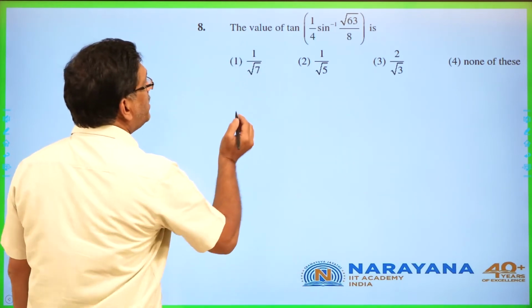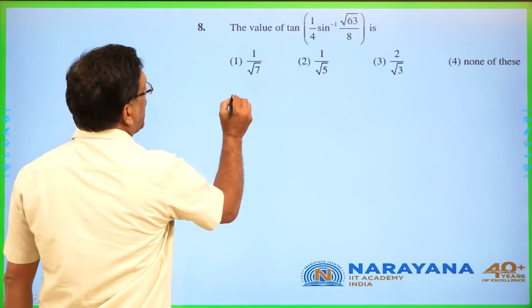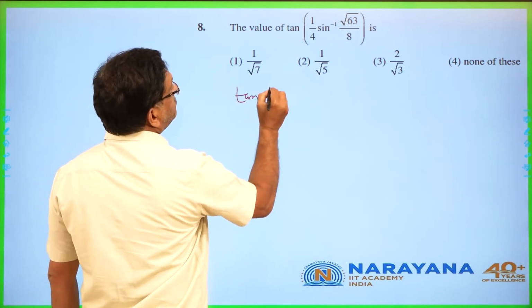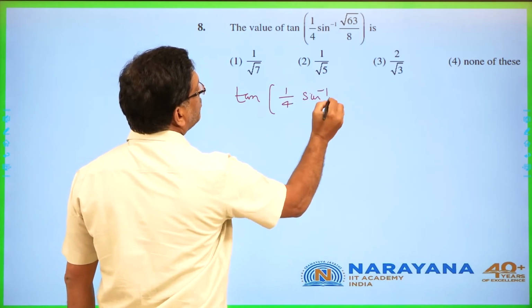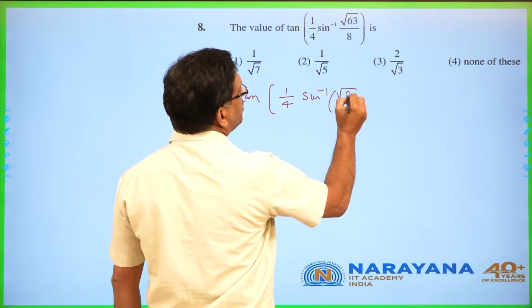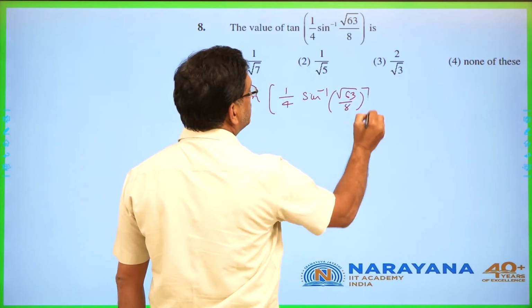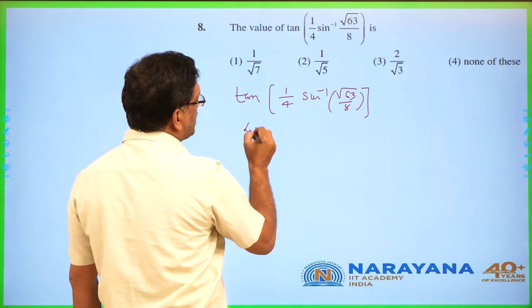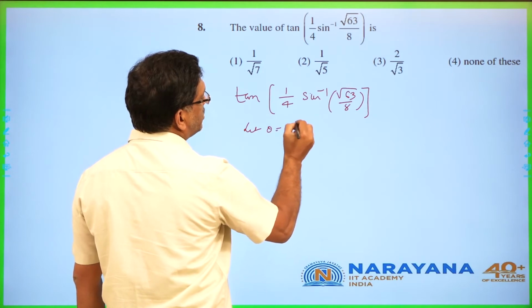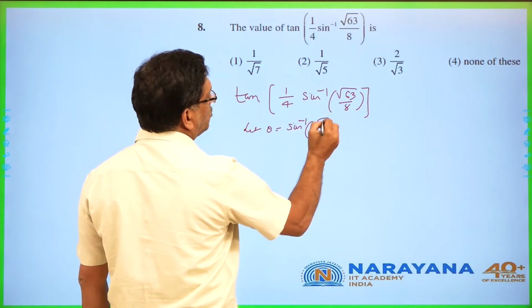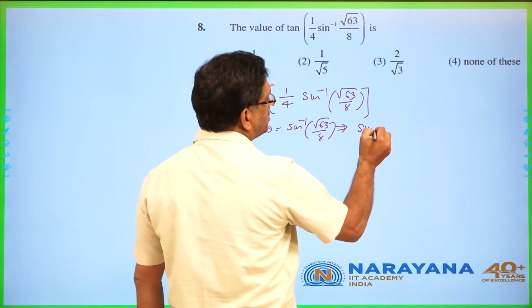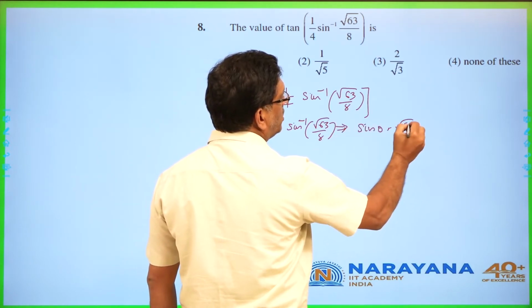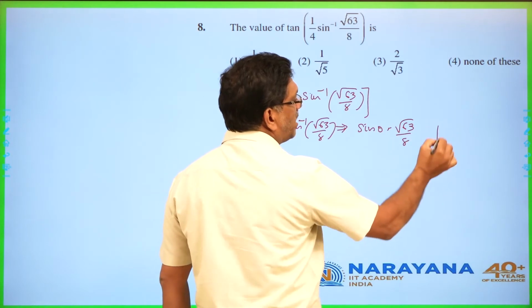Here, tan of 1 by 4 sine inverse root 63 by 8. So let us take theta equal to sine inverse root 63 by 8. That is sine theta is equal to root 63 by 8.